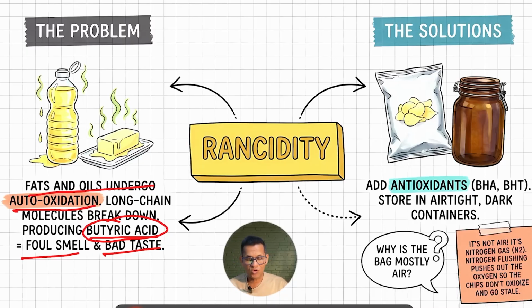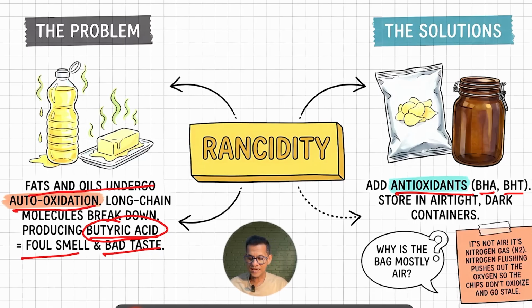Now, how do we avoid rancidity? The simple thing that we can do is storing things in airtight containers, which will prolong the life of these fatty and oily substances. Also, commercially we add antioxidants like BHA and BHT. Again, we don't have to remember the names, but antioxidants prevent the oxidation of fats and oils.